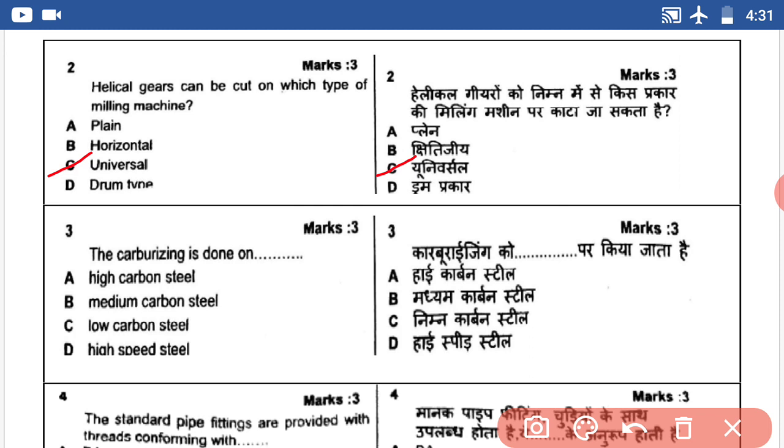Question number 3. The car bearing is turned on dash. This question's answer: low carbon steel. Answer C. Question number 4.